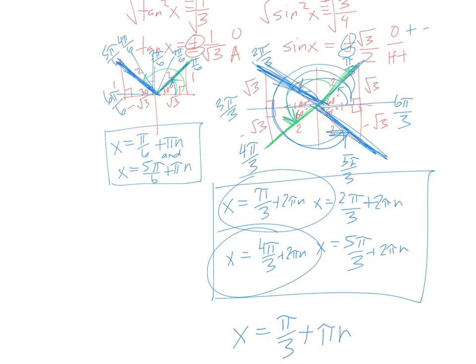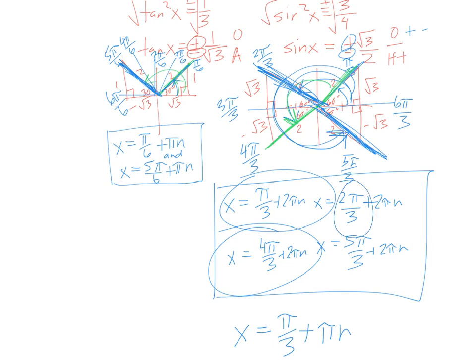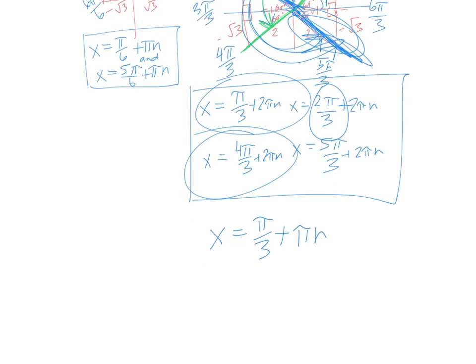And for 2 pi over 3, I'm going to add pi, and that covers this solution as well. So I have x is equal to 2 pi over 3, and I'll only add pi n. Now I've condensed the solution from 4 parts down to 2 parts.